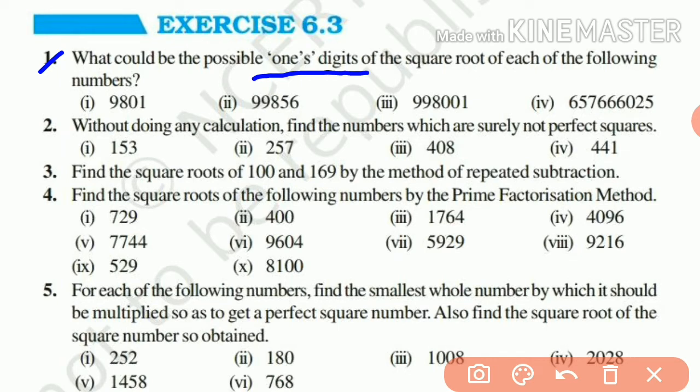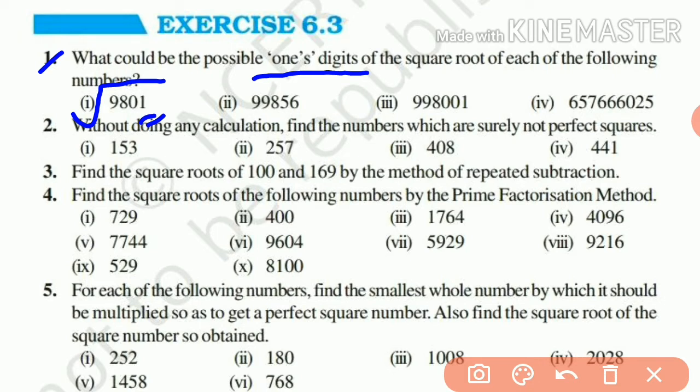That is, when we find the square root of this number, which ends with unit place 1, what will be the unit place of the result? So we will use the inverse process of a square.